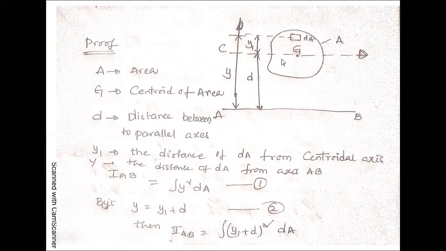Here CD is the centroidal axis of this object, which crosses the G point, the centroid point. To prove the theorem, let us take one differential element whose area is dA, located y1 distance from the centroidal axis and y distance from AB.